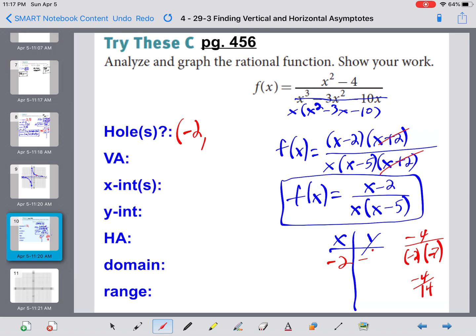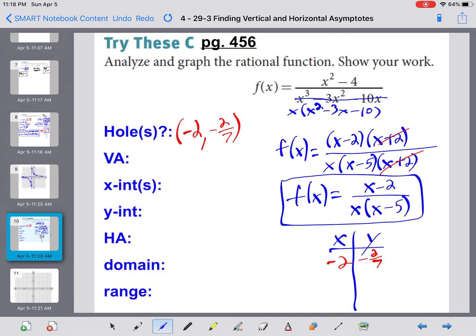That reduces to -2 over 7. Let's double check that and just make sure nothing's wrong. Plugged in -2, got -4, and then -2 times -7 is 14, and that reduces. Yep, I think that's good. So there is my hole. Again, if you're worried about forgetting to put an open circle, you can go graph it right now. I will wait until we change pages.